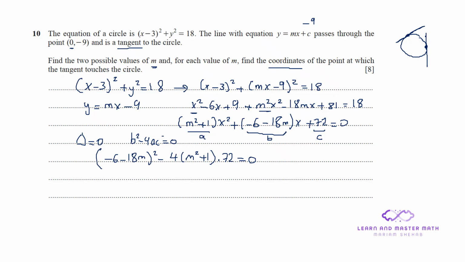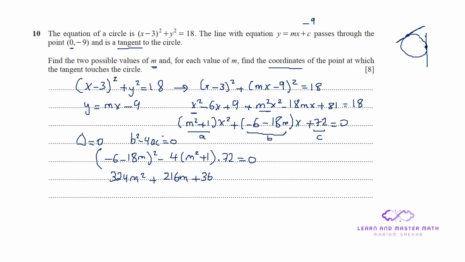Expanding this and solving for m, you will have 324 m squared, which is the square of 18, plus 216m. How do we get 216? It's double 6 times 18, and for (minus 6) squared, this is equal to 36.